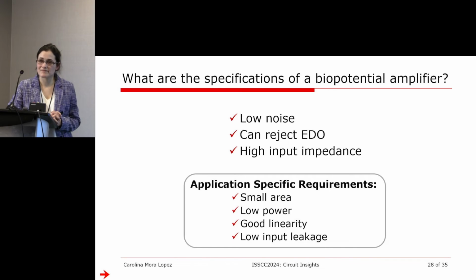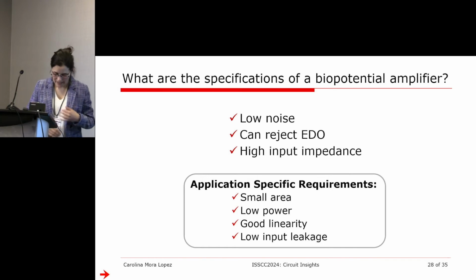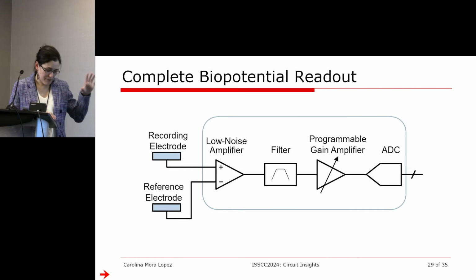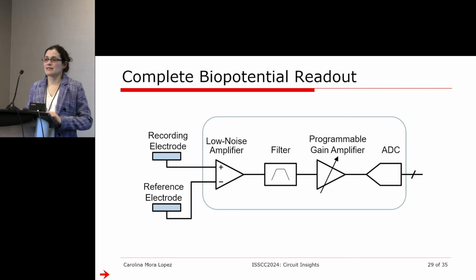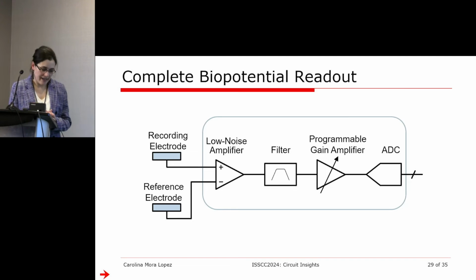Okay. Good. Okay, so let's continue a little bit. So I explained to you the basics. What are the three main problems of amplifiers? What are the specifications? And I want to show you now what a complete readout looks like.